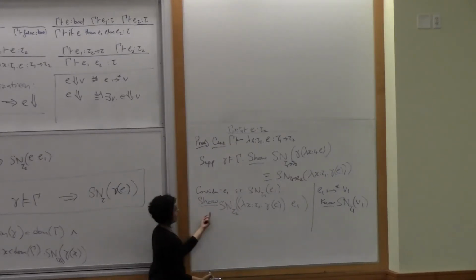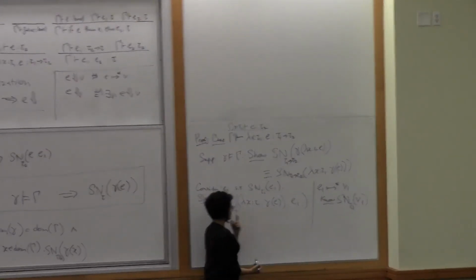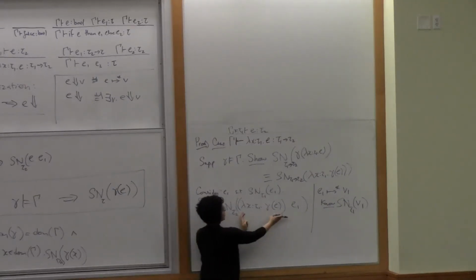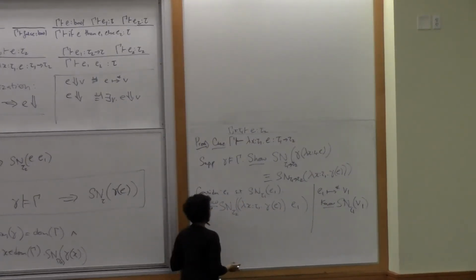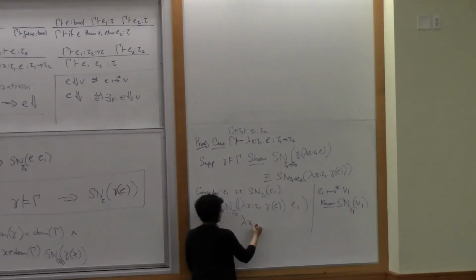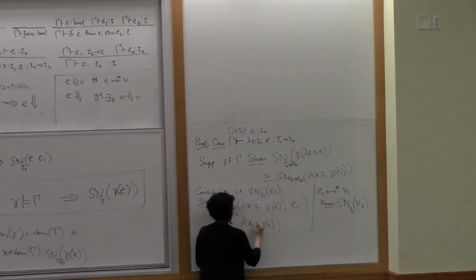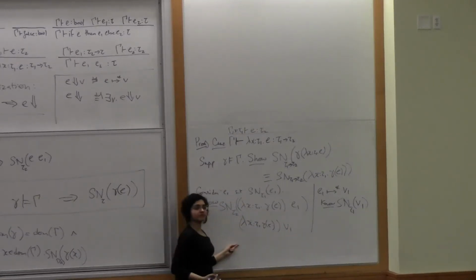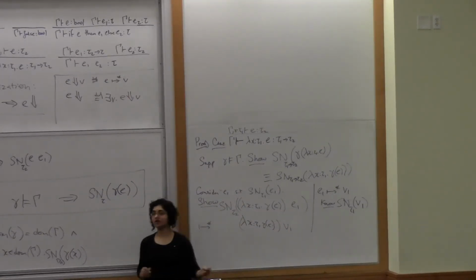Okay, so now that means that we have taken this expression and evaluated it to a V1. All right? So that means that this expression has taken a bunch of steps, and now we have lambda x colon tau 1 gamma e applied to V1, right? After a bunch of steps. Okay.